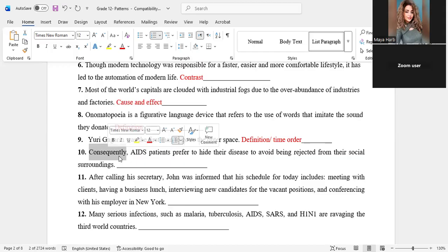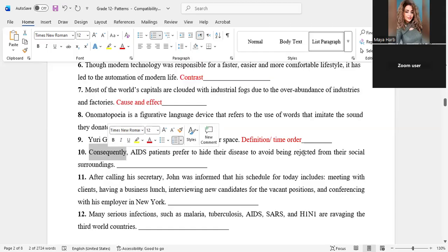So, what is this sentence? It begins with consequently. They said here sometimes it's a cause and effect, cause and result, and sometimes it's only a result. But in this case, they said AIDS patients prefer to hide their disease. Why do they want to hide their disease?